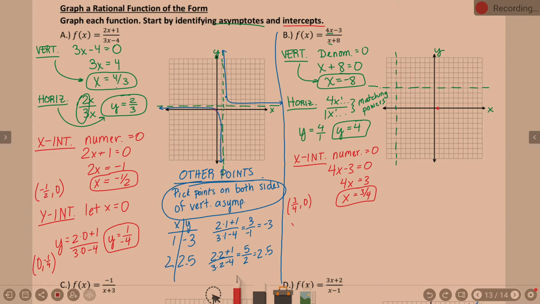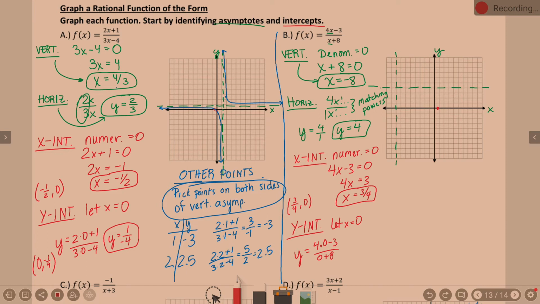Okay, so the x-intercept happened when y is 0. When does the y-intercept happen? Let x equal 0. Yeah, the y-intercept happens when x is 0. So the easiest thing to do is to take your equation and make x 0. So in this case, 4 times 0 minus 3 over 0 plus 8.